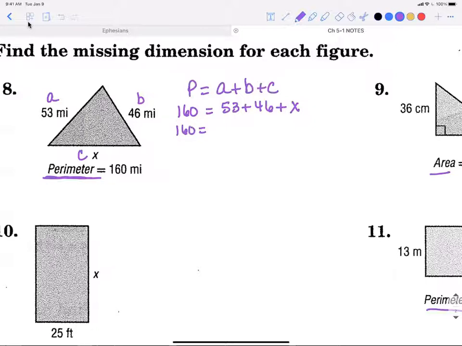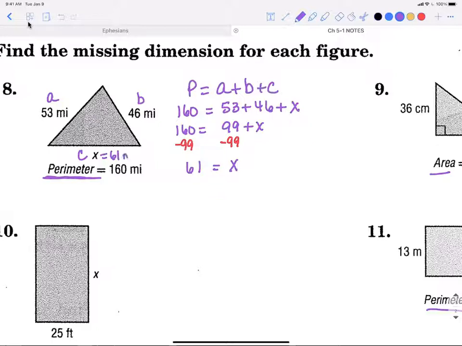So 53 plus 46 equals 99 plus X. And now I need to subtract 99, and I should get what X equals. Well, 160 minus 99 is 61. So X equals 61. 61 what?